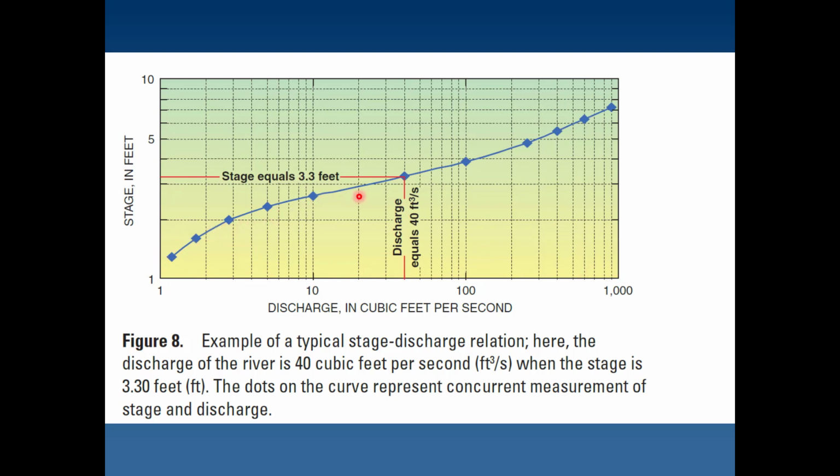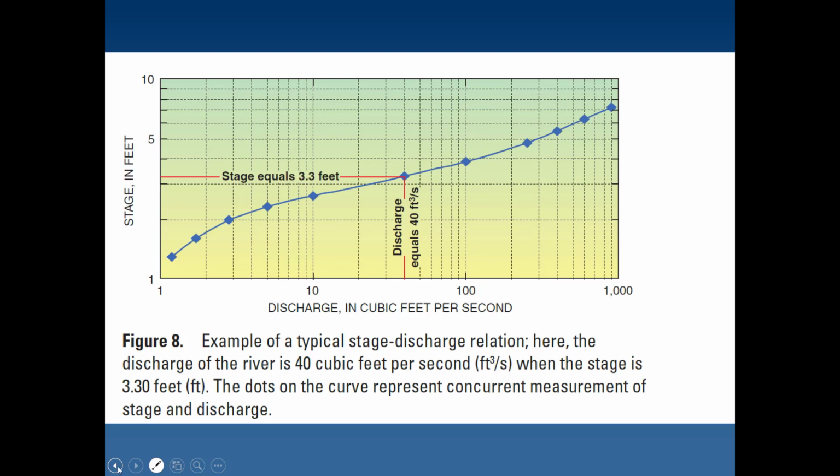It's not linear though. So like for most rivers, if the water stage goes up a couple of feet, it's not like the discharge just increases a couple of CFS. It really takes off. So this is a very important tool because it allows hydrologists to monitor how much water is flowing in the river by just looking at the stage.